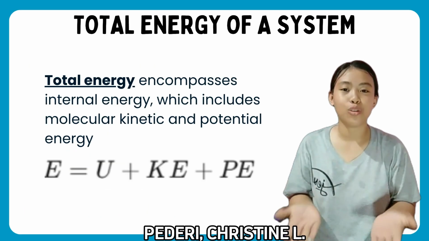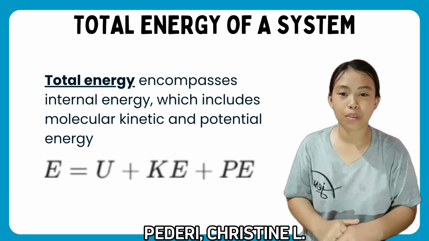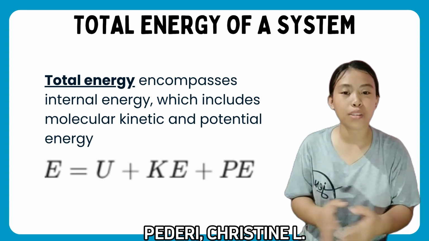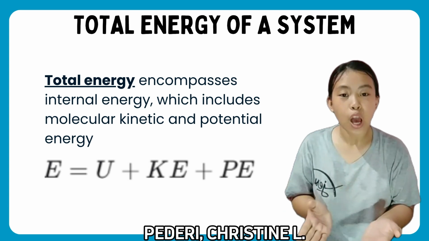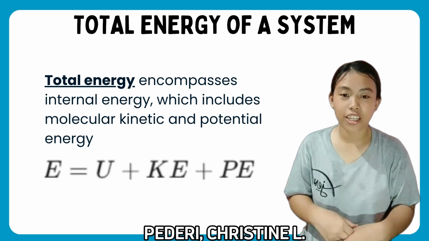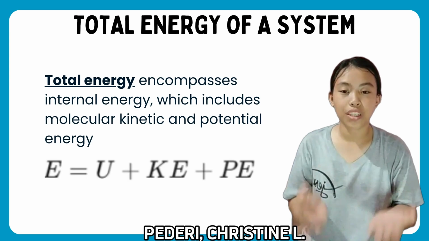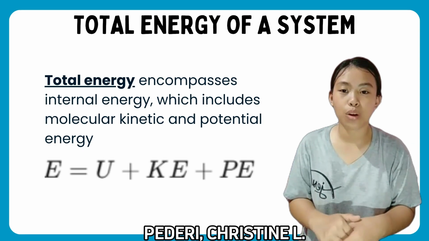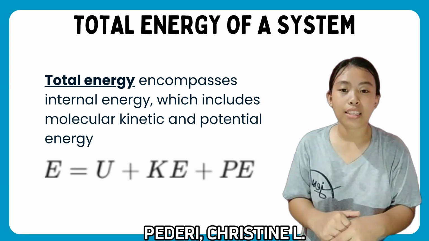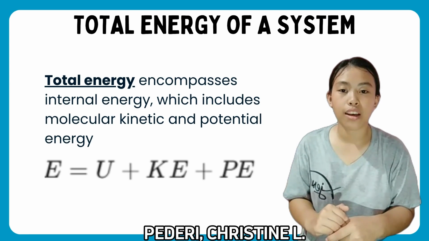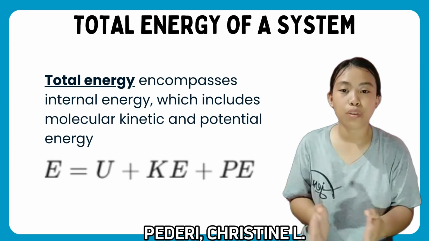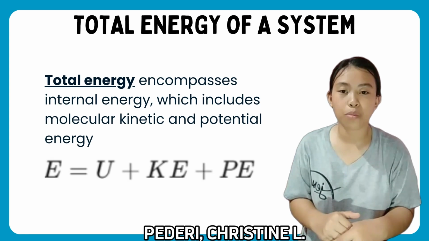Now let's move on to total energy of a system. So the total energy encompasses internal energy, which includes molecular kinetic and potential energy. So E is equal to capital letter U plus KE plus PE, and also consider the potential and kinetic energy formula.